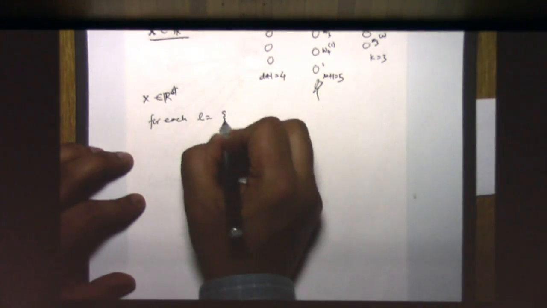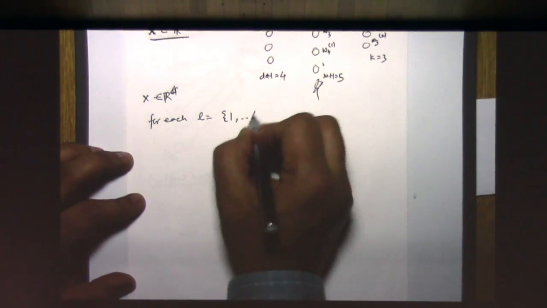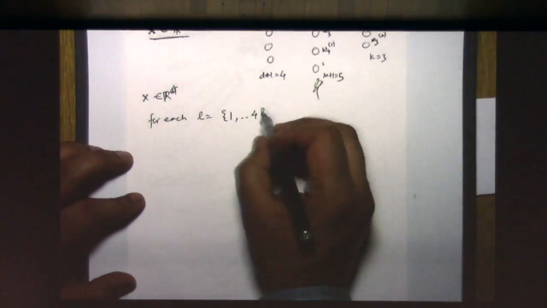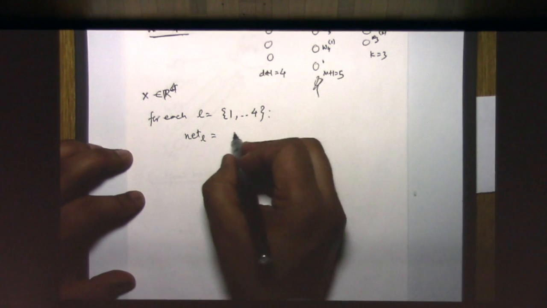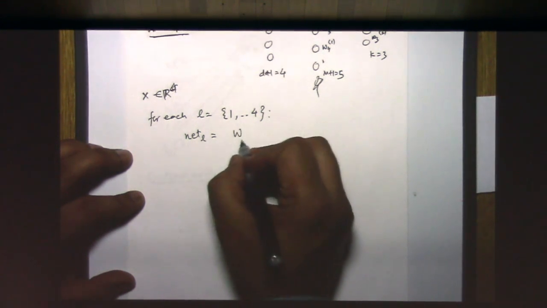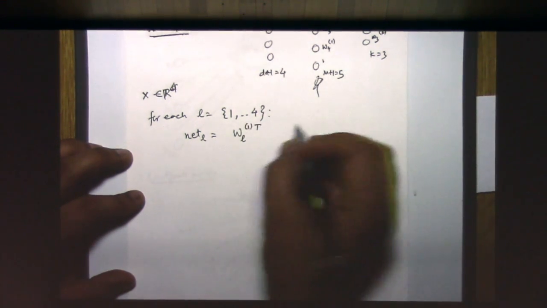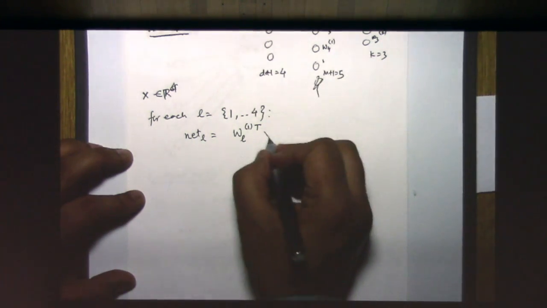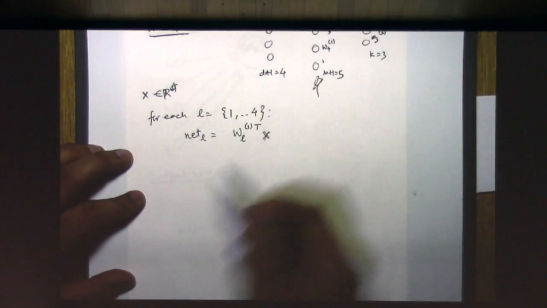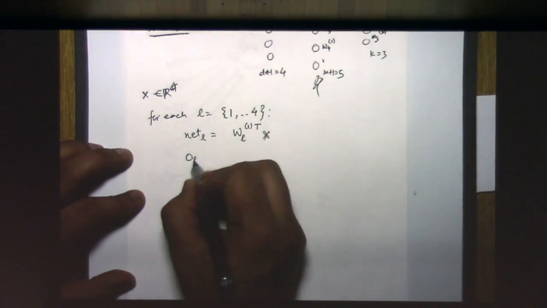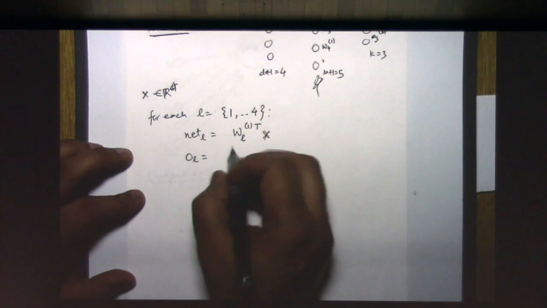L 1 through 4, which is here, what you do is you first compute net of L is equal to W L transpose your input x, right? Which is basically you're computing that net of L here, and then O of L, which is the output going out of this.